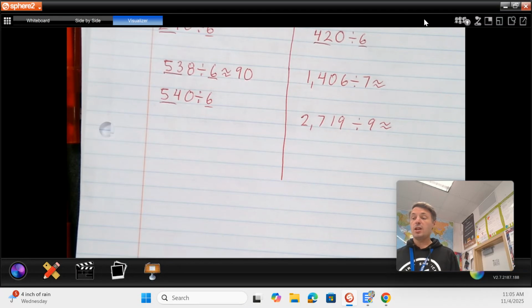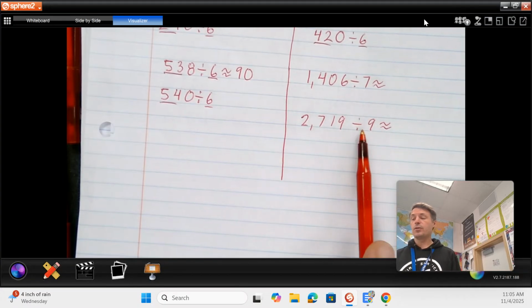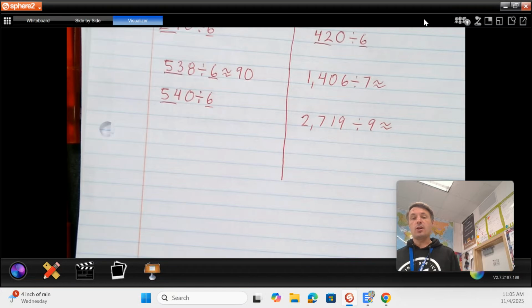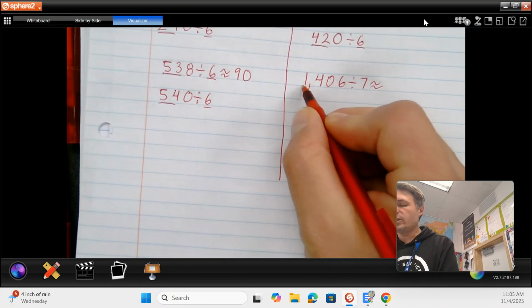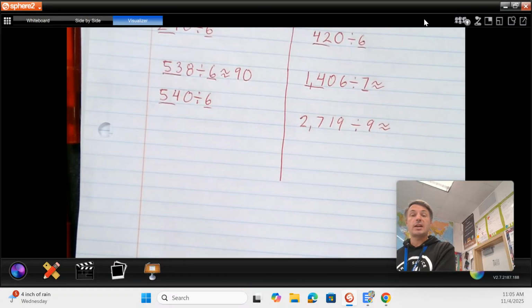All right, hopefully you pressed pause and you found the estimate for both of these, and now you're ready to see if you did them correctly. So we look at the 14 and the 7 and we think, what's the closest multiple of 7 to 14? And it is 14, because 14 is a multiple of 7.